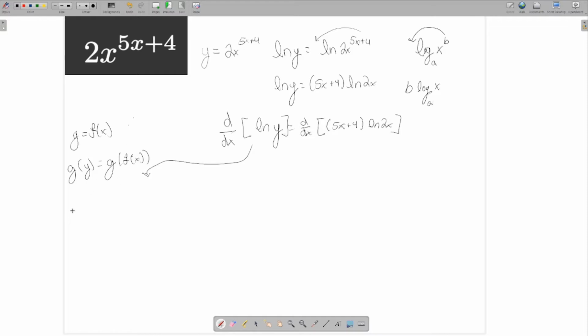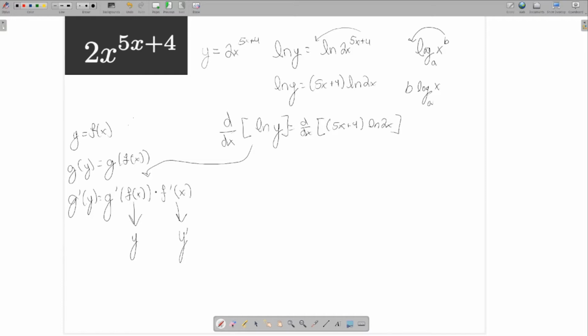And we know using the chain rule that the derivative of this is equal to g prime of f of x times the derivative of the function inside. In this case, our f of x is our y, and our f prime of x is going to be y prime.